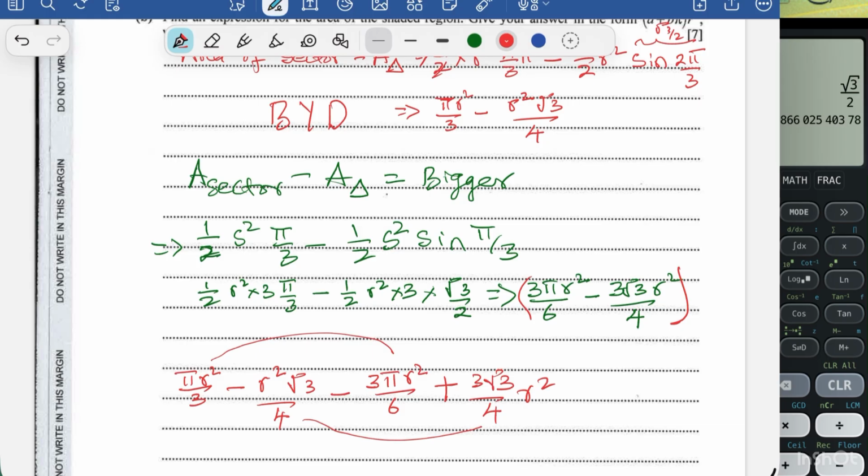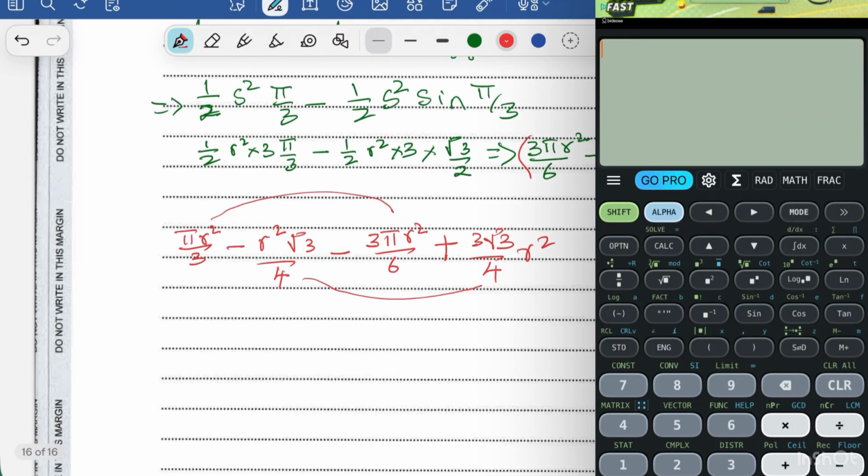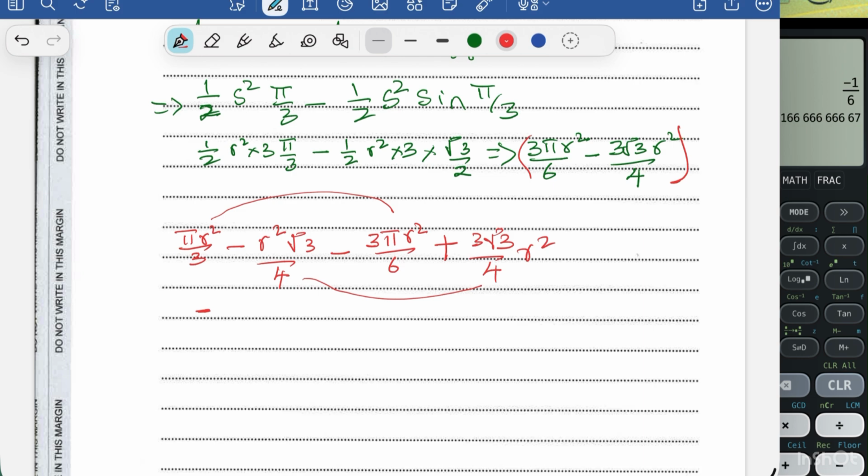So 1 by 3 minus 3 by 6 will give me minus 1 by 6 pi r squared.